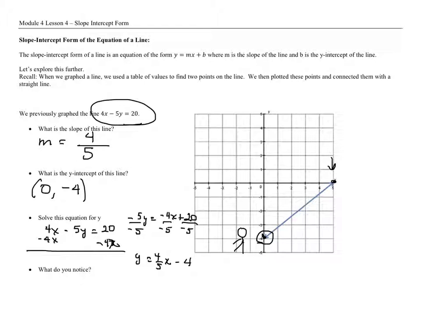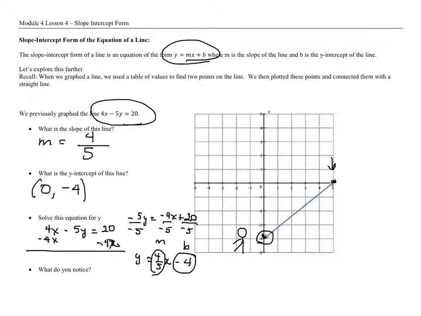So what do we notice? That's the last bullet here. Well, the slope is right here, and the y-intercept, which we call b, is right there. So this is the form y equals mx plus b. And you're like, well, there's a minus here. Well, it depends on what the value of b is.